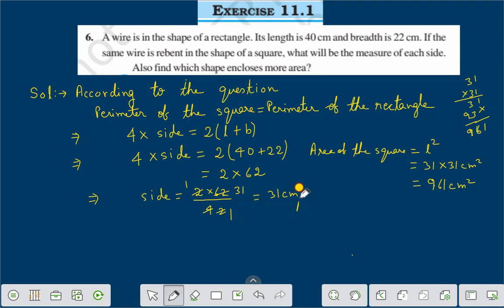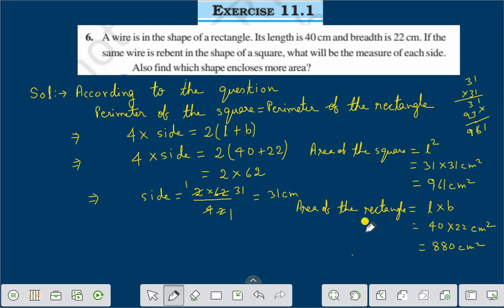Here the length is 40 and the breadth is 22, in centimeter square. That is 40 into 22, which is 880 centimeter square.